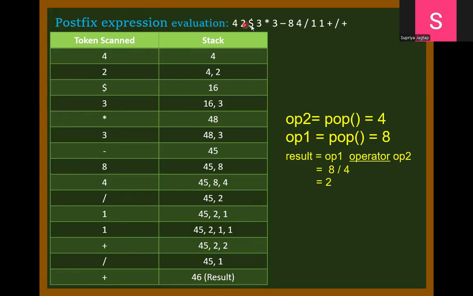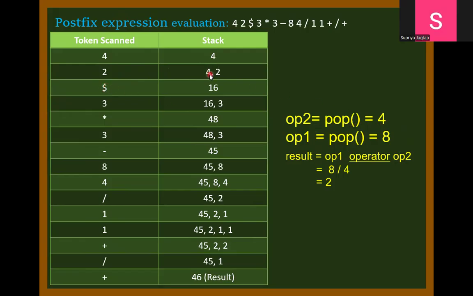So start with the first character. The first token is 4. As it is a number, push it into the stack. Second, 2. As it is a number, push it into the stack. Dollar, this is the power operator. Whenever we come across power or any kind of operator, we pop first.